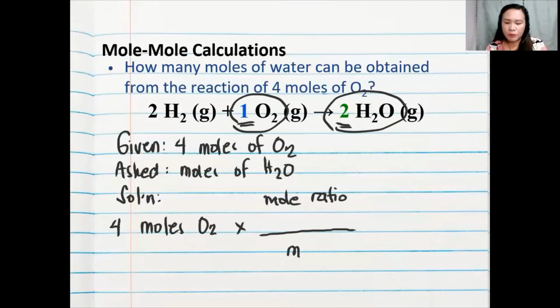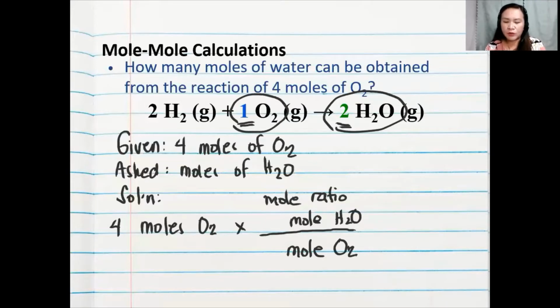We put here mole of oxygen since we want to eliminate oxygen. And on the top, we put the mole of H2O because that is what we want to obtain for our final answer. After you write which compounds are given and which are to be found, let us now write their mole ratio.